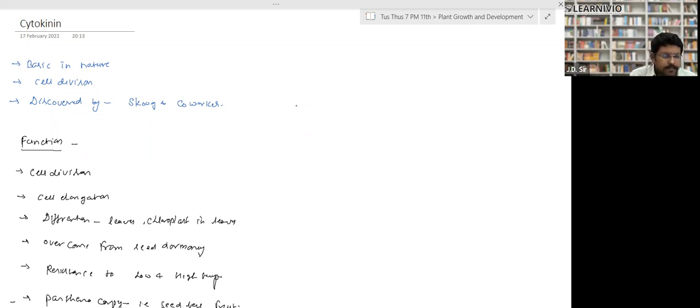Next point, it also helps in overcoming seed dormancy.